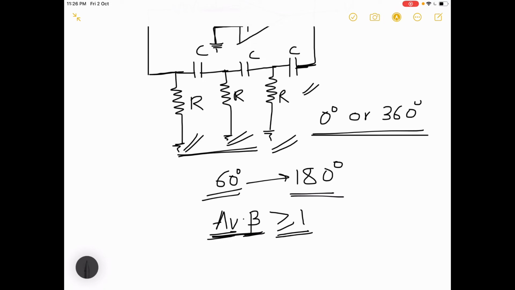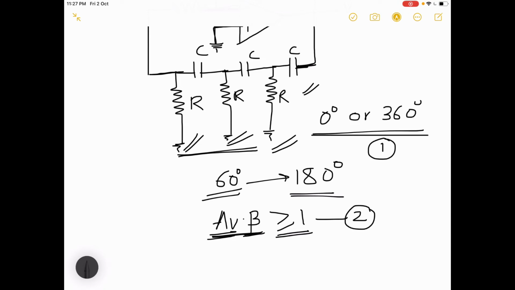So, Av into beta should be greater than or equal to 1. If the loop gain is equal to 1, then definitely it will give you sustained oscillation. These two conditions should be satisfied by this oscillator circuit.